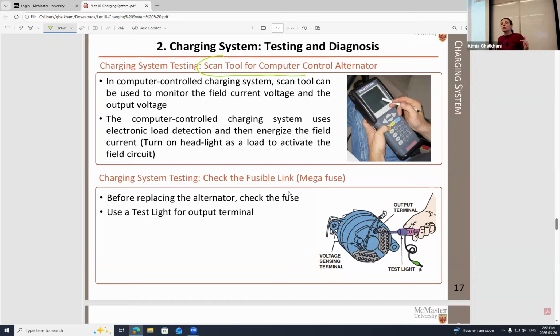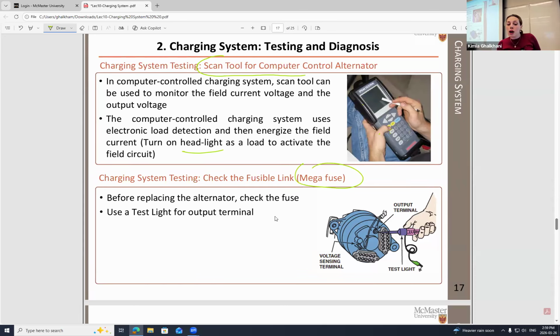I said it, again, I repeat it: in order to energize the field current, you have to turn on your headlight, because the headlight here acts as a load. We have to have the headlight on to activate the field current, and then we connect this and read the voltage accordingly.